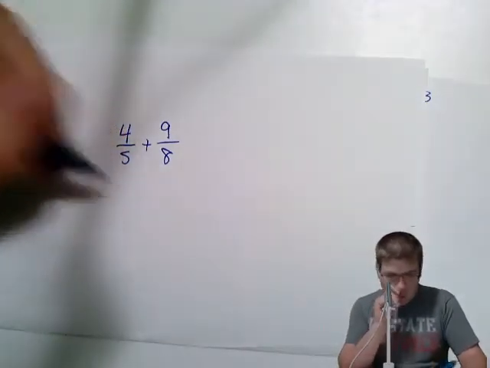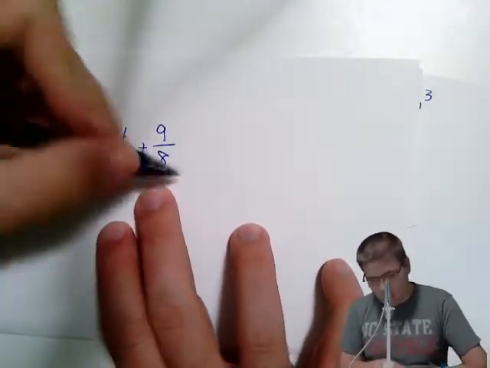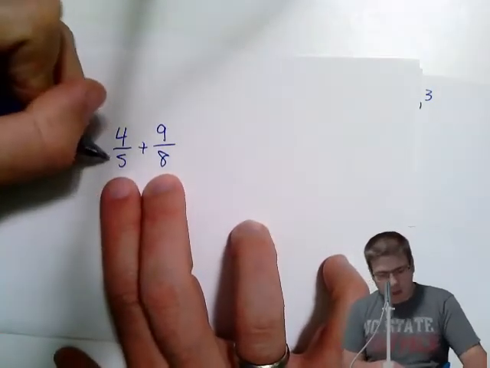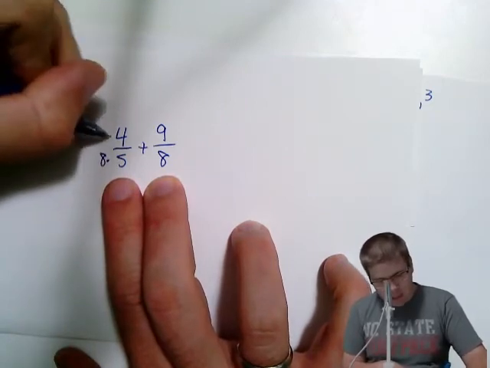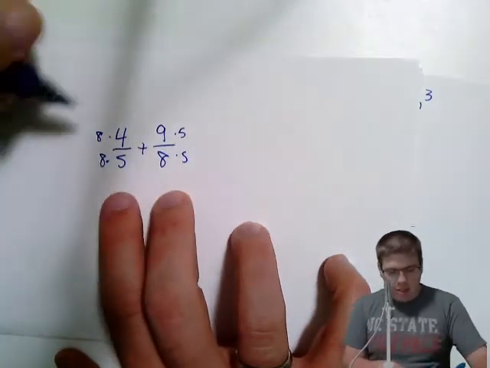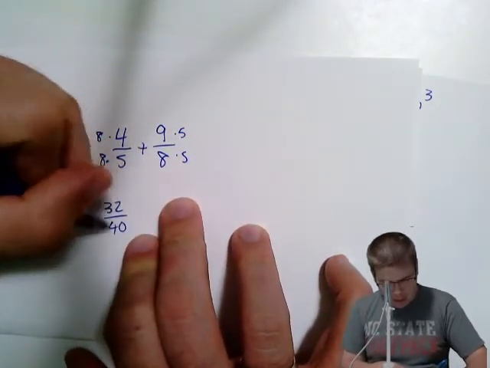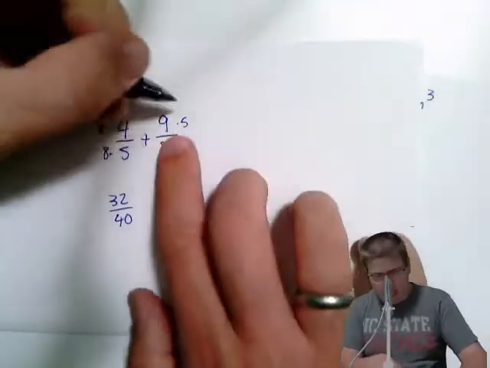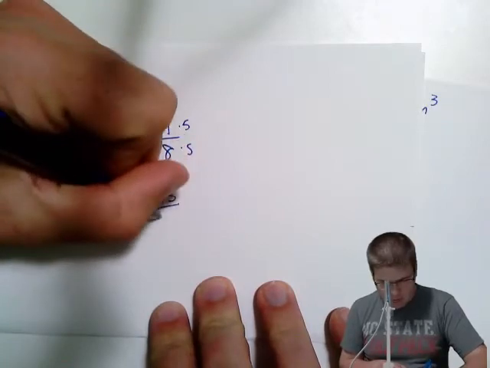But there are other situations where you don't just have to multiply. So once I realize I can get those both to 40, I can multiply the top and bottom of this one times 8, and the top and bottom of the other times 5, and ultimately that would get me to 32/40ths. So that's the same thing as 4/5, and 9/8 is 45/40ths.